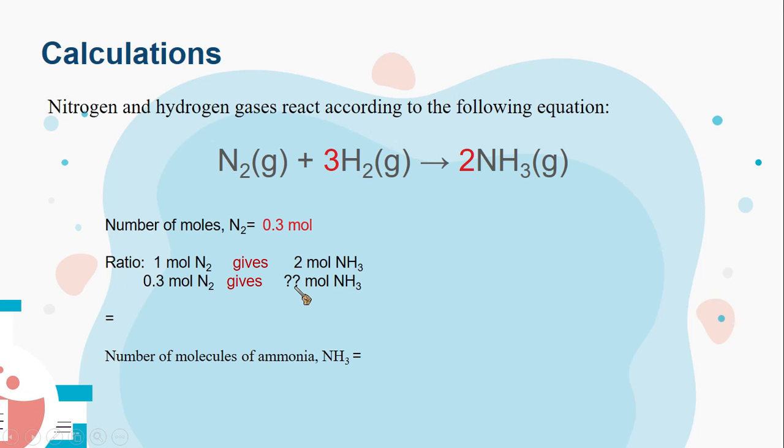Zero point six, 0.6 mole. Equal 0.6 times NA, Avogadro constant. 0.6 times 6.02 times 10 to the power of 23. 3.612 darab 10 kuasa 23.